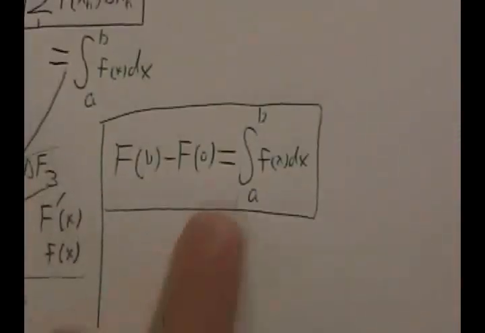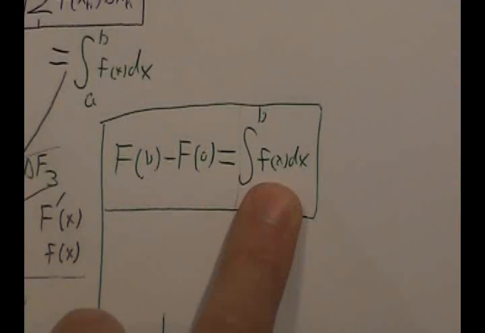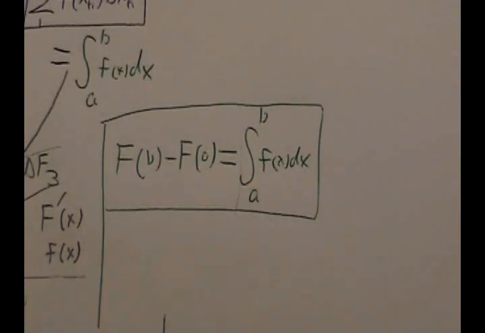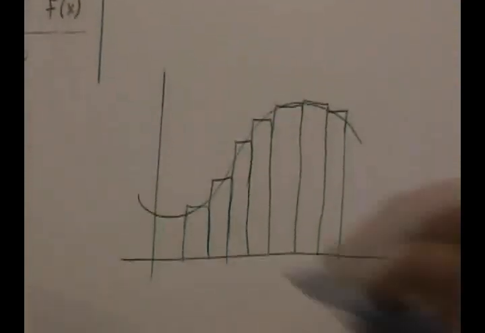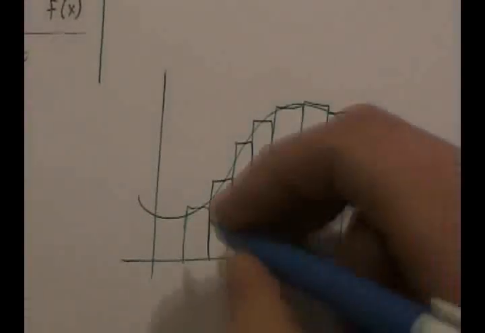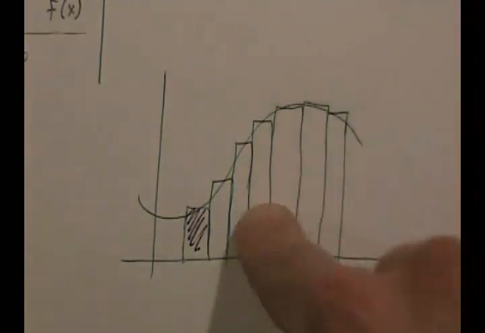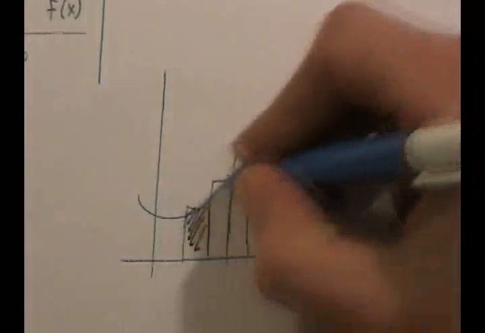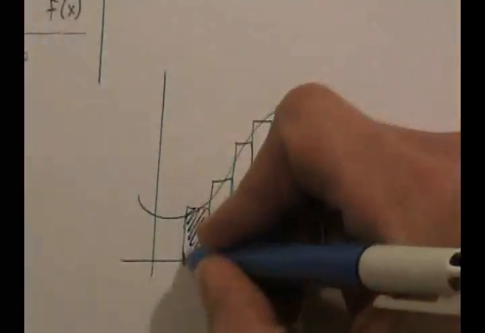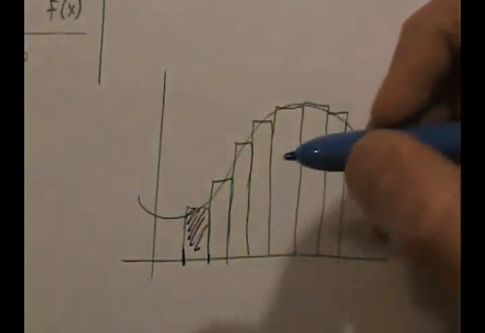First of all, it'd be represented by this thing here. It would stand for the net signed area, but the area of each of these rectangles can be rewritten as a change in the antiderivative of this function from here to here, from the endpoints.